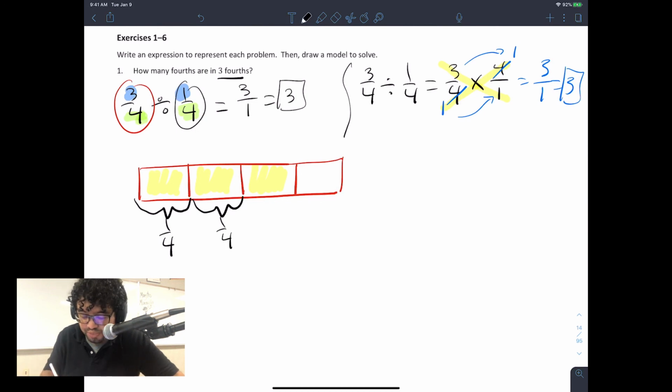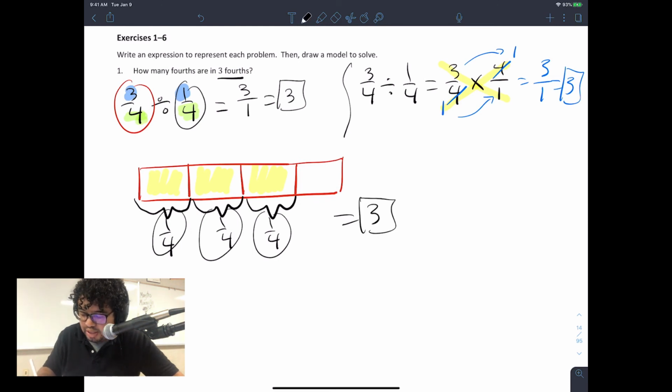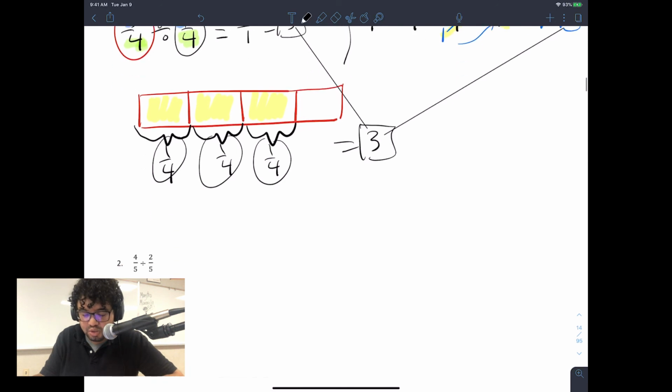That's a second group. And then finally, one more 1/4. And how many groups did I make? Well, I made 1 group, 2 groups, 3 groups. So my answer is 3. And then I got the same answer in 3 different methods. Okay, same answer. Let's go to number 2.